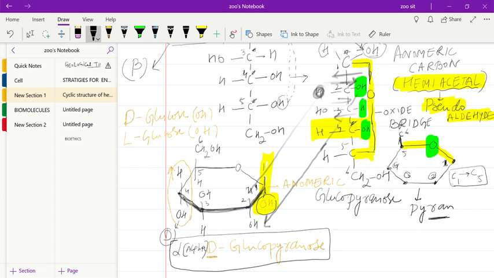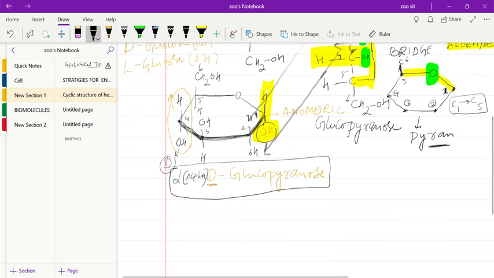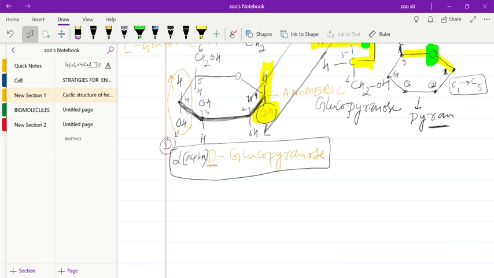And if this OH is present on the opposite side, let's look at the difference between the two structures. One is alpha D, another is beta D. So I will draw it here so that we see clear differences between the alpha D and beta D glucose forms. And here is another glucose molecule.